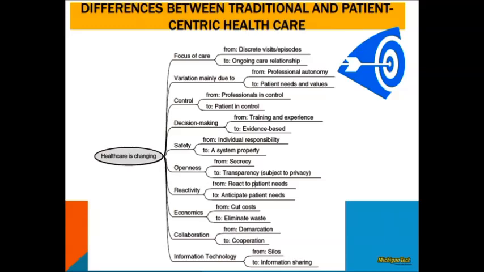Okay, you need to make a plan based on the patient's needs and values. Also for control, in the past, the care was under professional control, the doctor controlled, the hospital controlled. Now we need to let the patient control, including the medical records, the information, and also the treatment. Okay, so there are a bunch of things.